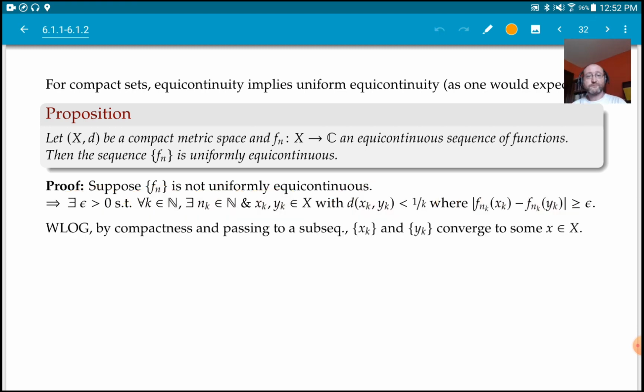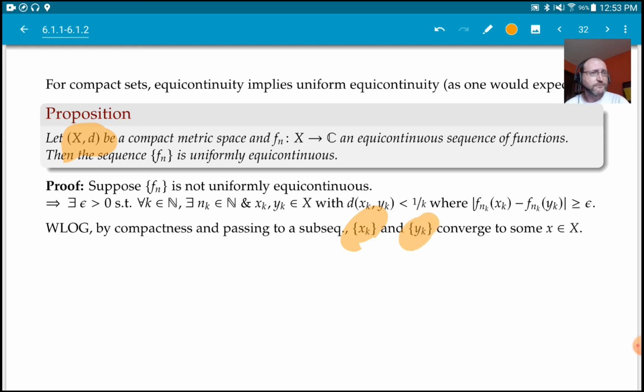Now, because X is compact, we have Bolzano-Weierstrass for metric spaces. X is compact, so it's sequentially compact, meaning that every sequence has a convergent subsequence. So the sequences x_k and y_k have convergent subsequences.